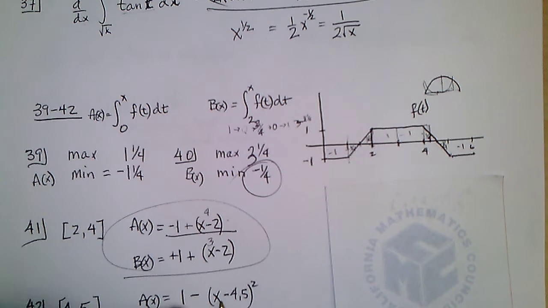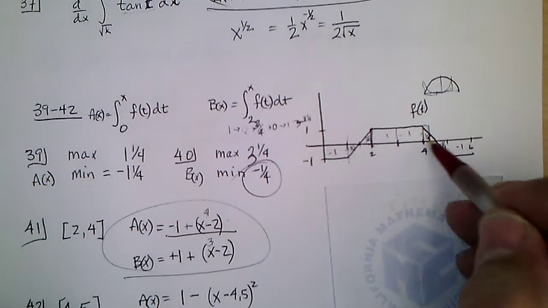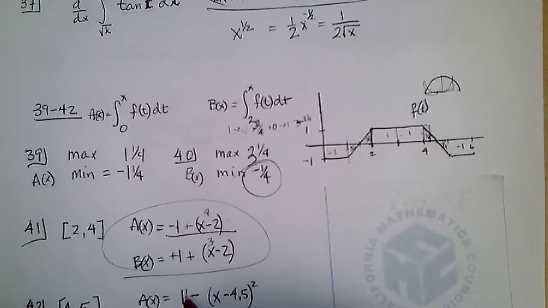So when I put in 4, I want to put in 1, and right here would be 1 1/4. So if I put in 4, I get 4 minus 4 1/2 is a half. Squared is a quarter. 1 1/4 minus a quarter would be 1. That gets me the right amount there.